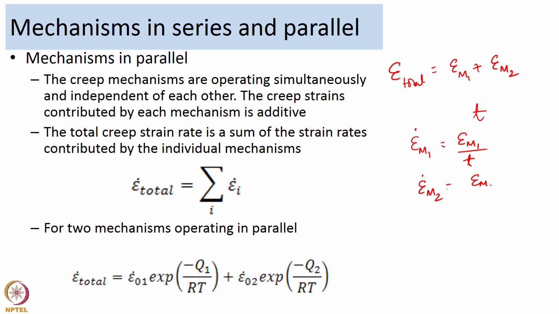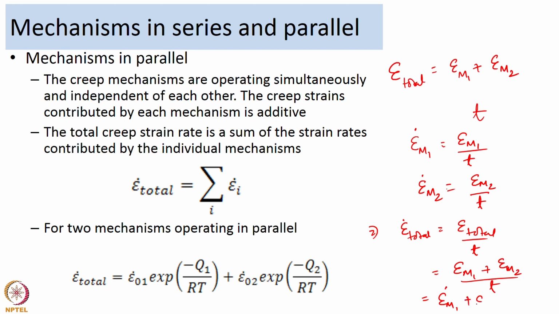Therefore, the net total strain rate is equal to total strain by total time, which is epsilon m1 plus epsilon m2 by t. That makes it epsilon m1 dot plus epsilon m2 dot. So, the total creep strain rate is a sum of the strain rates contributed by the individual mechanisms. That is what you observe for mechanisms in parallel.